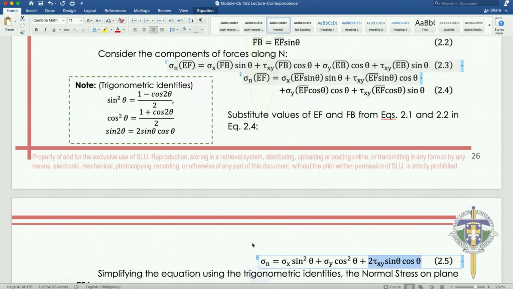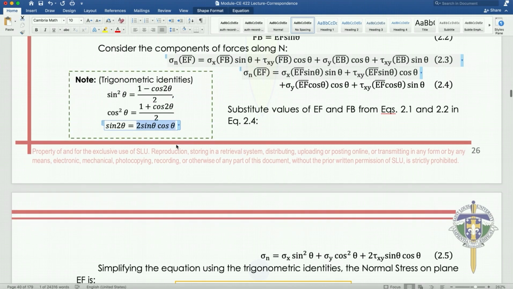Now dito napapasok yung ating trigonometric identities. So from our trigonometric identities, sine theta squared is also equivalent to 1 minus cosine 2 theta divided by 2. Likewise with cosine theta squared, that is also equivalent to 1 plus cosine 2 theta over 2. And sine 2 theta is equivalent to 2 sine theta cosine theta.